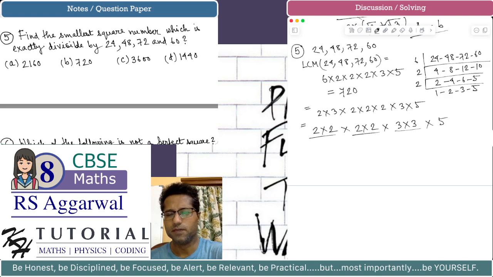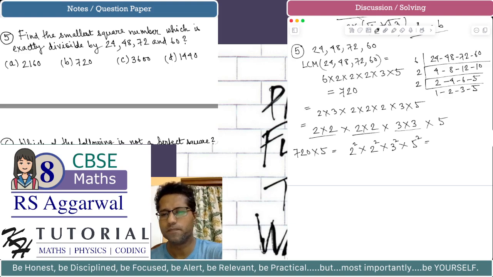So if we multiply 720 with 5, then we will get a complete set of pairs of equal factors. So 720 multiplied by 5 will become 2 square multiplied by 2 square multiplied by 3 square multiplied by 5 square, and this is equal to 2 into 2 into 3 into 5 whole square.